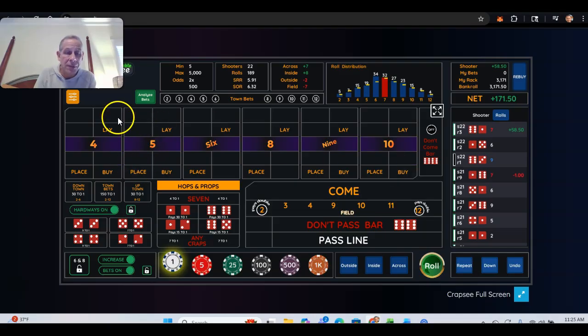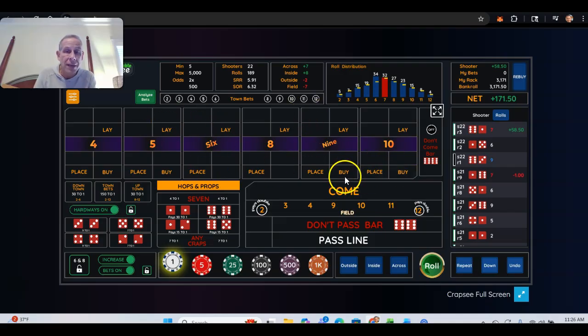Now, on the flip side of this is what we would call the dark side, which is that we're betting that a 7 comes up before that number is rolled. And what we do is we use, in many of our strategies, hybrid systems, where we can potentially get paid for numbers being rolled, but we're also using the dark side as a hedge if the 7 does get rolled and we lose the money on the other side.